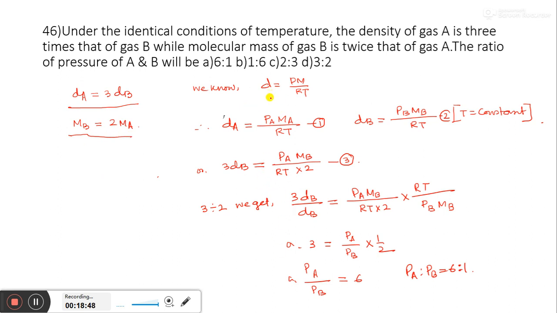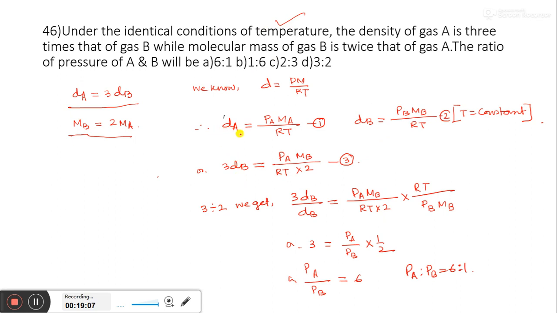We know d equals PM by RT. Now in the first condition, dA equals Pa Ma by RT, and for gas B, dB equals Pb Mb by RT. Since R is constant and in this question T is constant, RT is a constant term.